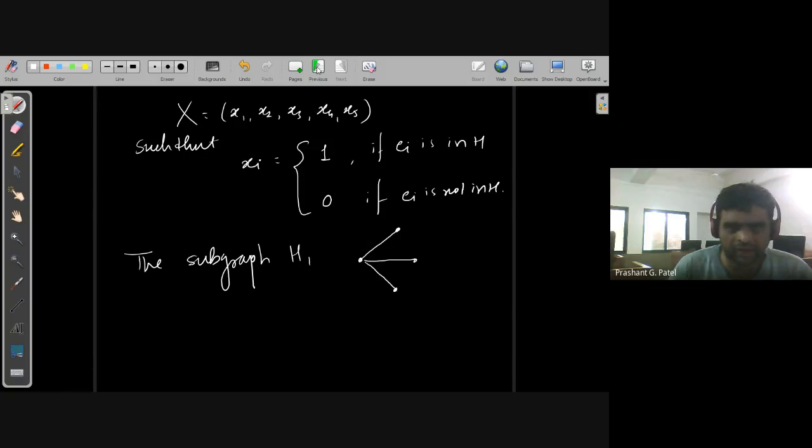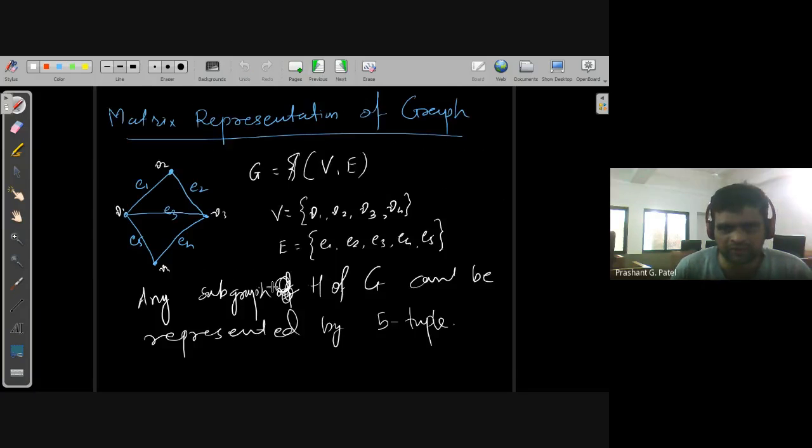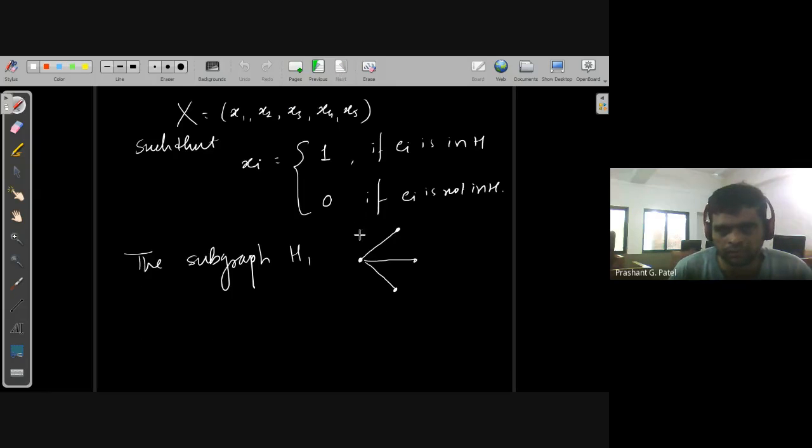It is a subgraph of this graph where I have plotted only E1, E3 and E5. So how do you represent this H1?